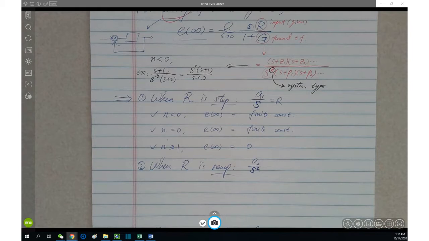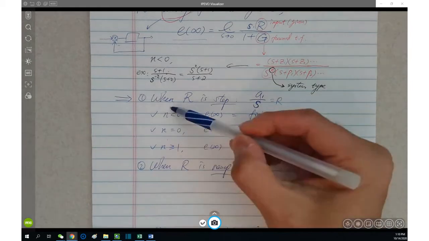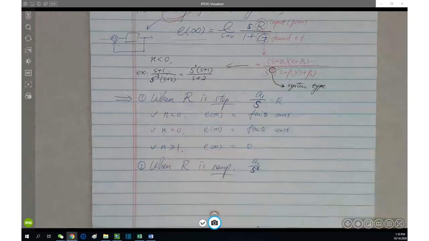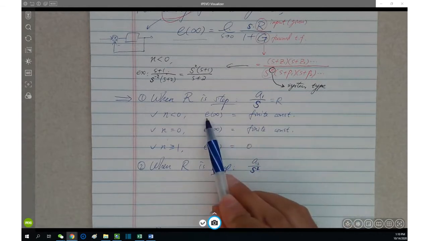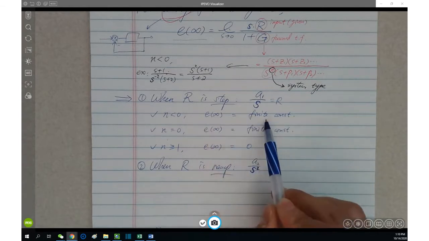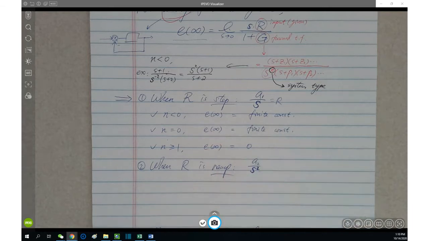Okay, this is the conclusion, and again it covers all of the possible integer n values. Correspondingly, your steady state error could be a finite constant or 0, depending on the n value.